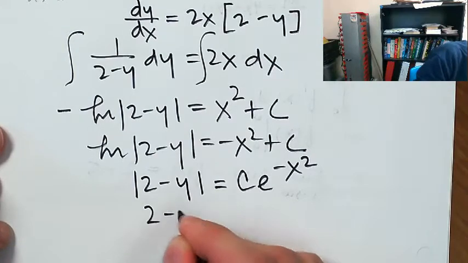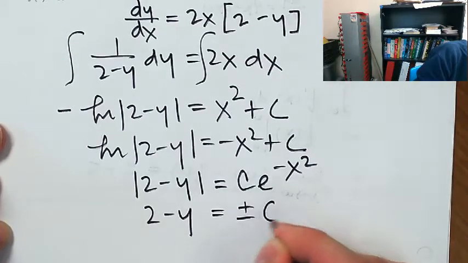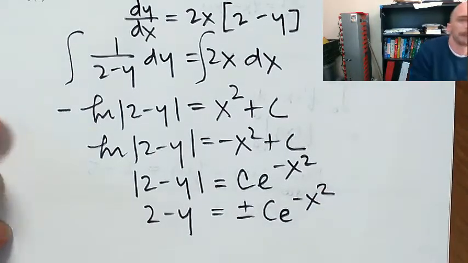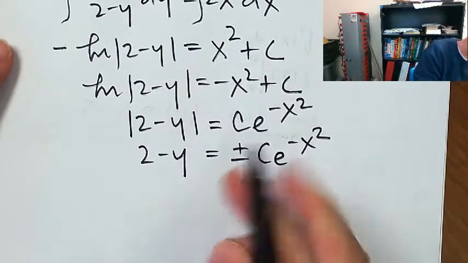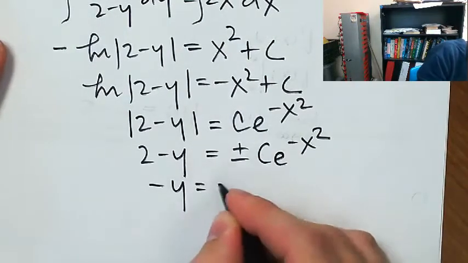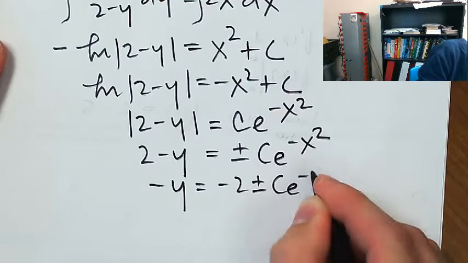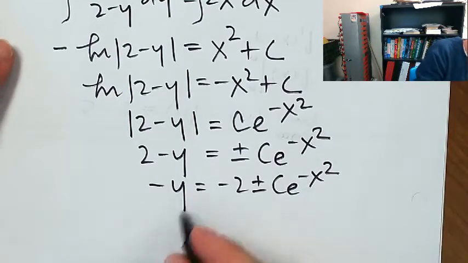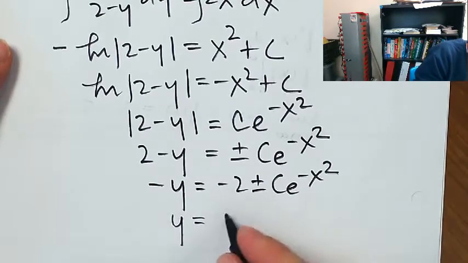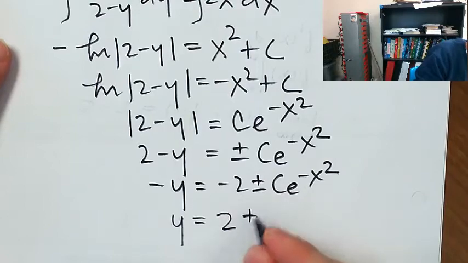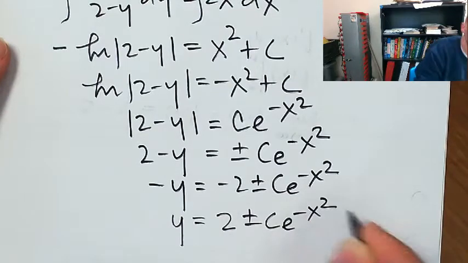Now I'm going to drop the absolute values. Okay. I'm going to subtract 2. Okay. And then I'm going to solve for y by multiplying by -1. So minus or plus, that's the same as plus or minus c e to the negative x squared.